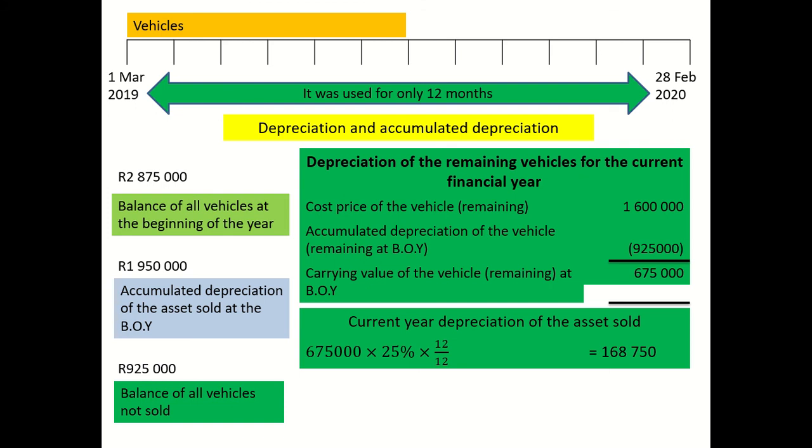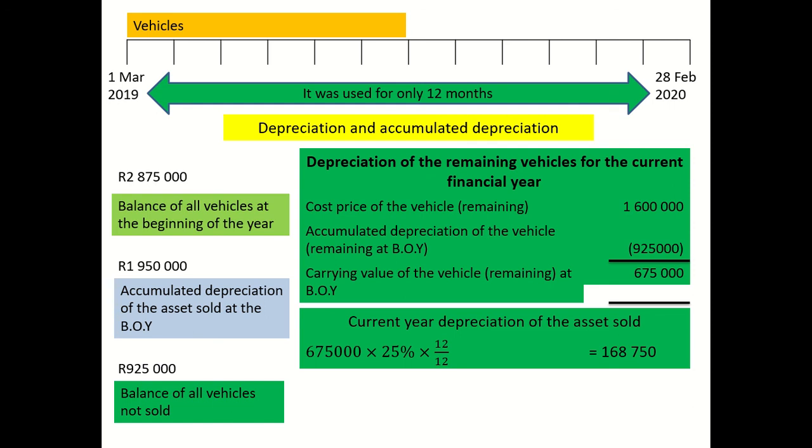Okay, you depreciate these assets using the diminishing balance method. For you to actually find the depreciation, you need the carrying value. Hence, the carrying value at the beginning of the year of this asset was 675,000 rand. It will be 675,000 multiplied by the depreciation rate. It will give you 168,750.